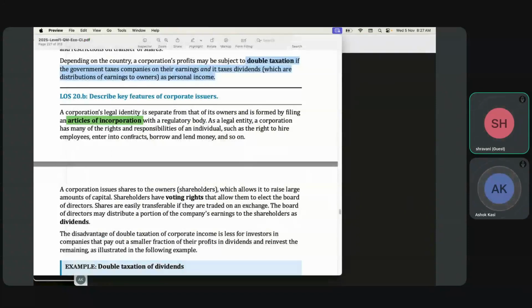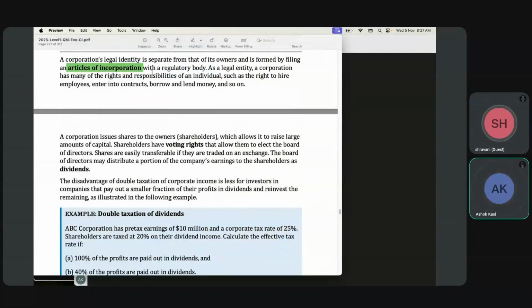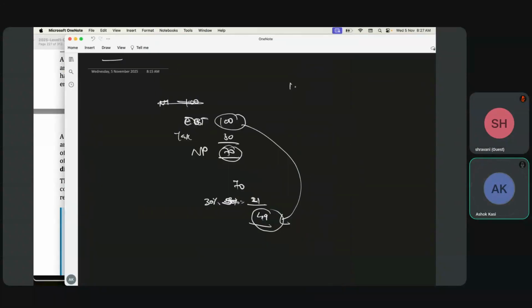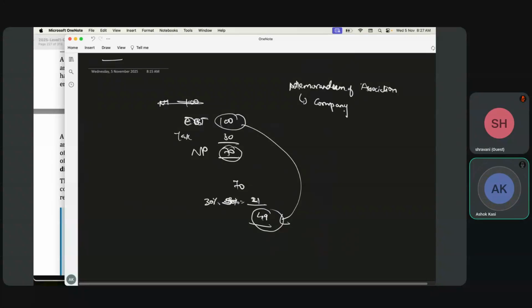Then articles of incorporation, memorandum of association and articles of association. Memorandum of association tells you the company's relationship with outsiders.